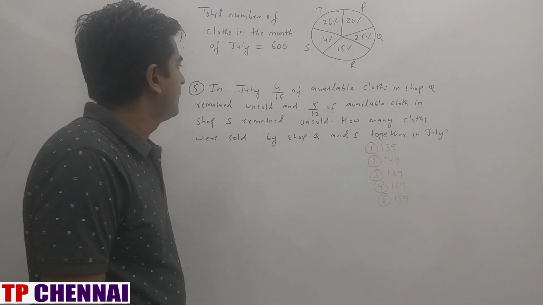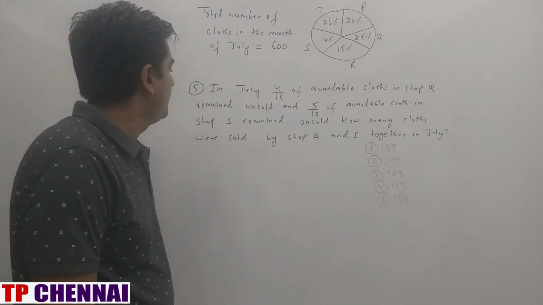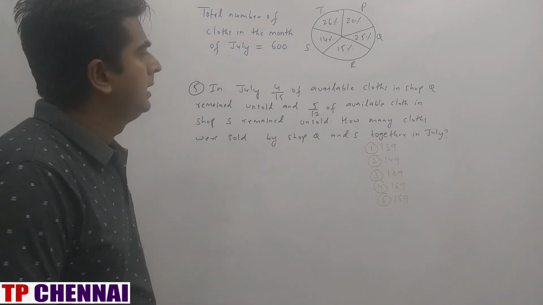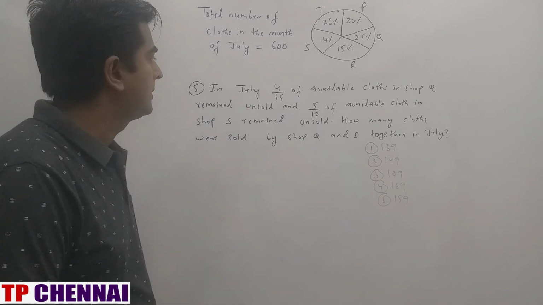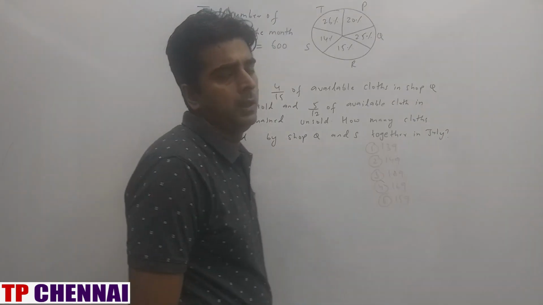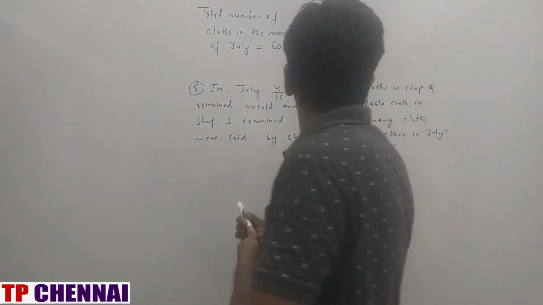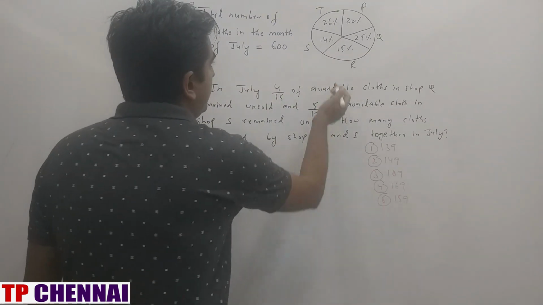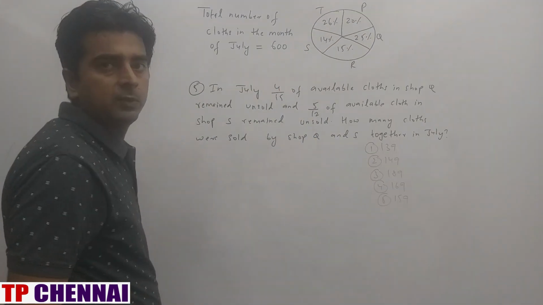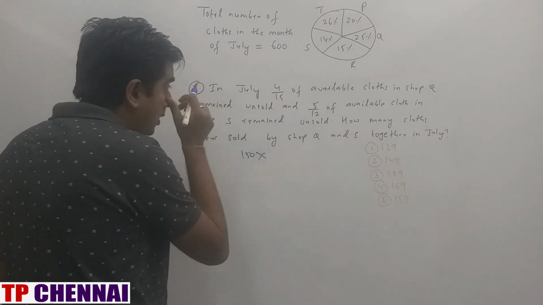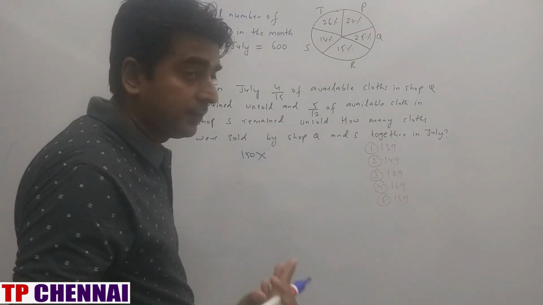In July, 4 by 15 of available clothes in shop Q remained unsold and 5 by 12 of available clothes in shop S remained unsold. How many clothes were sold by shop Q and S together in July? So they are talking about unsold and they are asking about sold. So shop Q, what is the value? 25% of 600 is 1 by 4 of 600, which is 150. 4 by 15 of clothes were unsold.